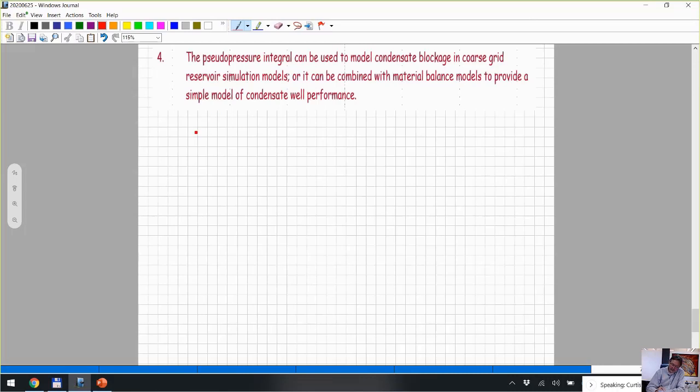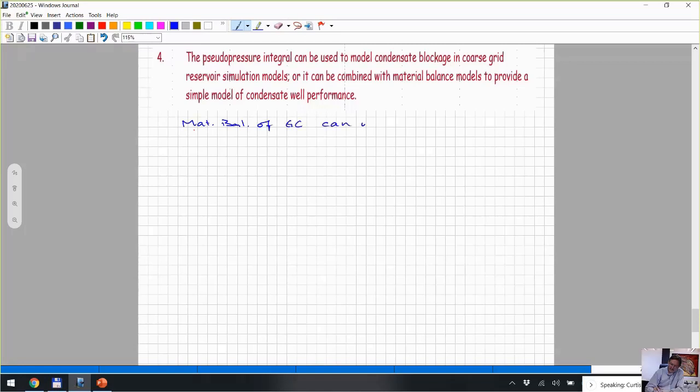There's two options, and I'd say two valid options. Well, it's really one, because if you use the CVD test, the material balance, we've already discussed that, I think, on Tuesday, of gas condensate.